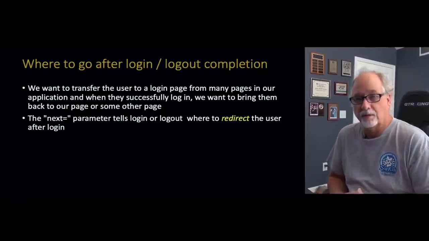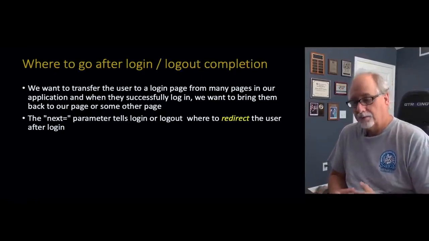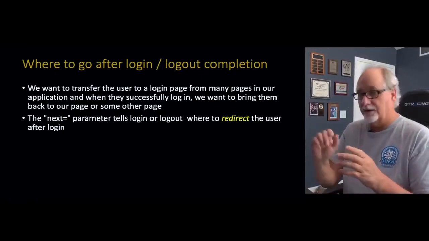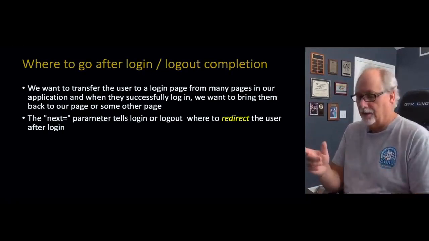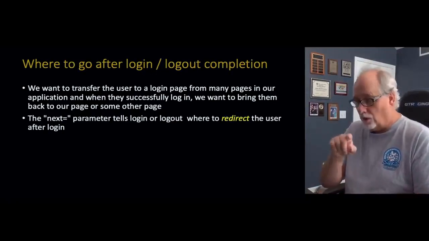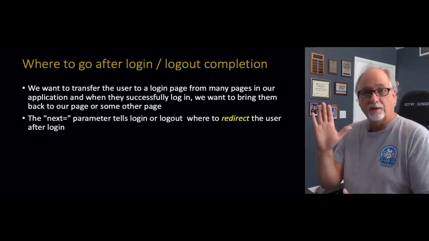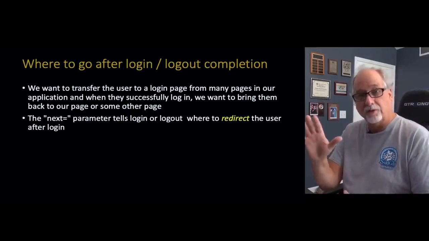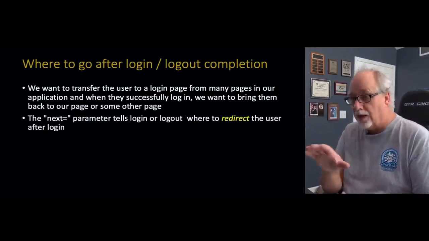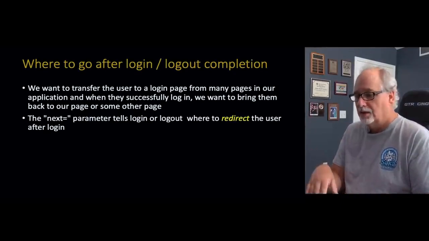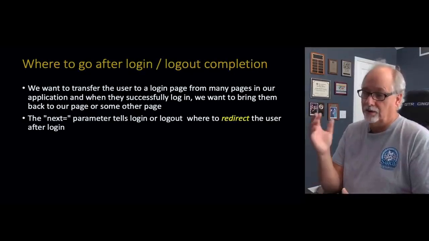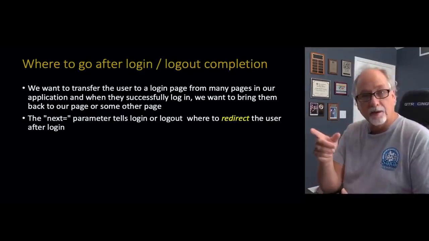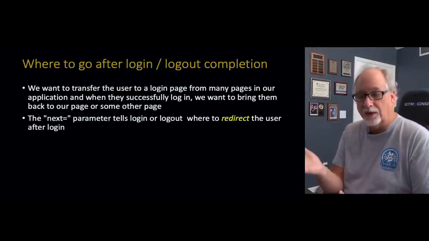Now, one of the things about logging in is sometimes you have an application and there's a login button. But sometimes you just have pages that are protected by login. And then when you go to a page, it says, oh wait, you've got to log in first. And then after you log in, you'll notice it typically just takes you right back to the page that you wanted to see. So you might bookmark a page when you're logged in, and then you log out, and then you click on that bookmarked page, but that requires that you be logged in.